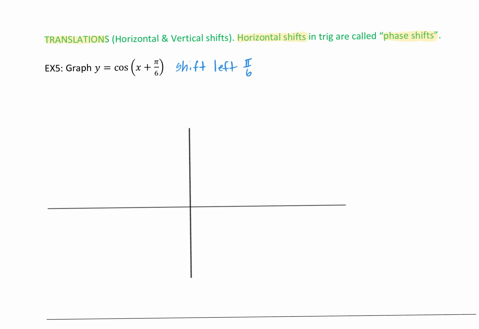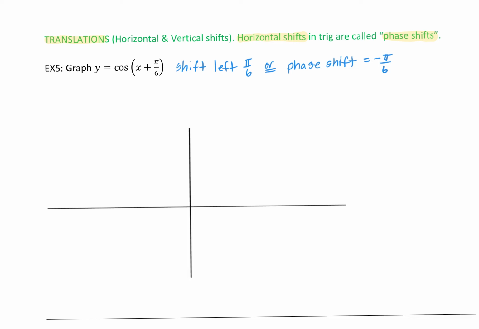In the case where we rename that as a phase shift, instead of calling it a horizontal shift left, when we talk about a phase shift, if it's a plus pi over 6 and we know we're going to shift left, then the phase shift is going to be negative because it's saying we're going to go in a negative direction pi over 6 units.